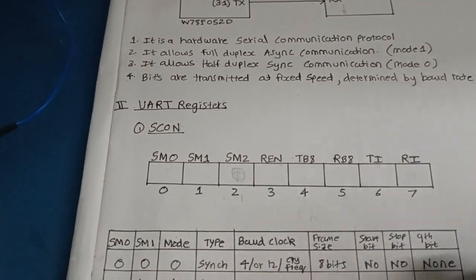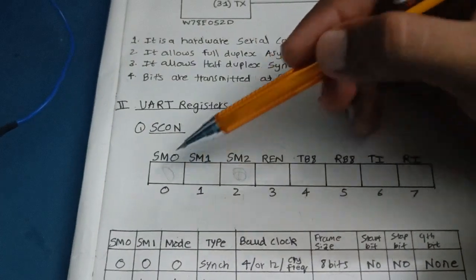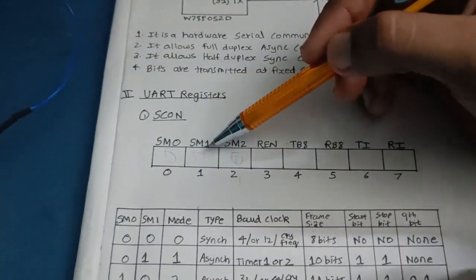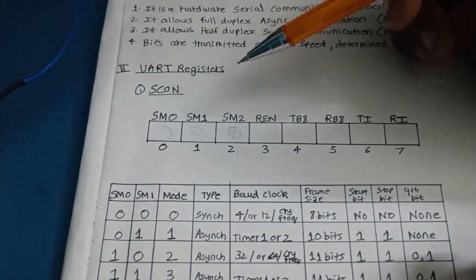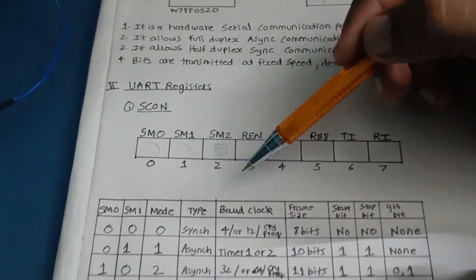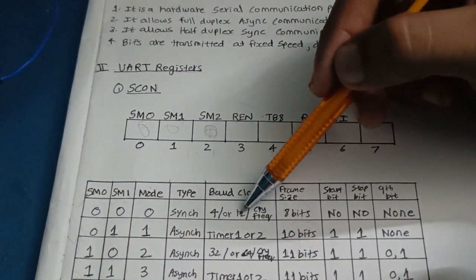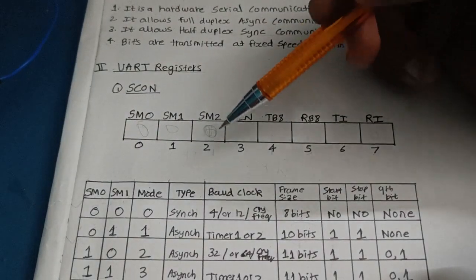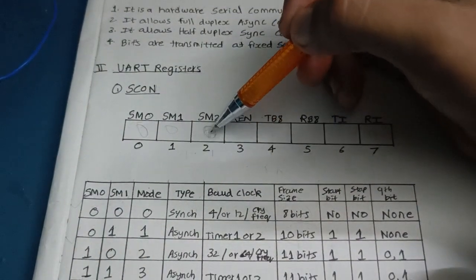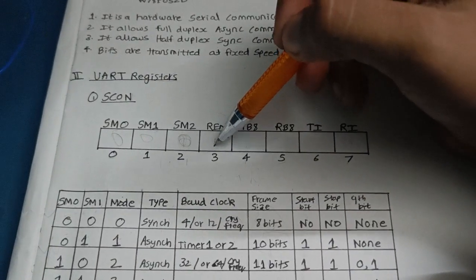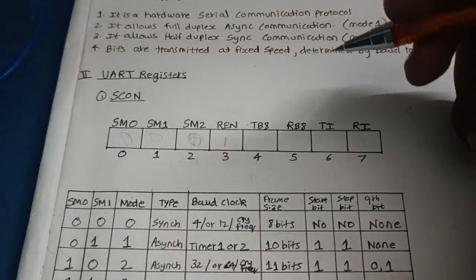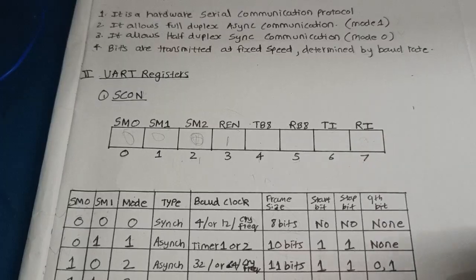To set mode 0, SM0 and SM1 must be 0, 0. SM2 we will keep 0 because we want crystal frequency divided by 12. If you want greater speed, then you can keep this 1. Receive enable must be 1, then only transmission will start according to this diagram.